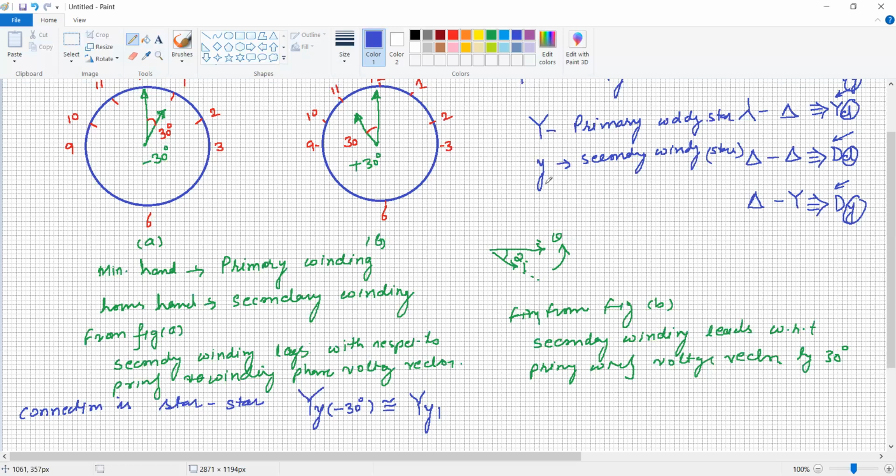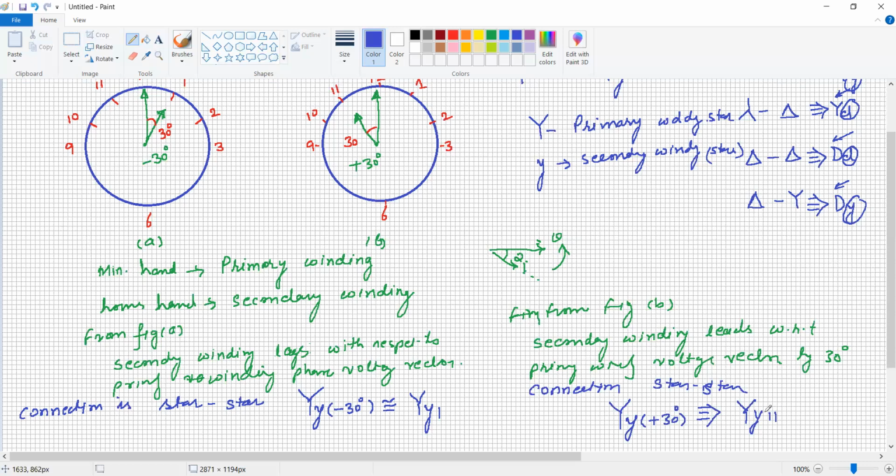Okay. Similarly, the second connection of transformer is star-star connection. So primary winding is star connected, secondary winding is star connected. And what is the angle? It is positive 30. Positive 30 means the secondary winding leads with respect to the primary winding by 30 degree, and it is represented as a vector group equals to Y. What is the time? It is 11 o'clock.